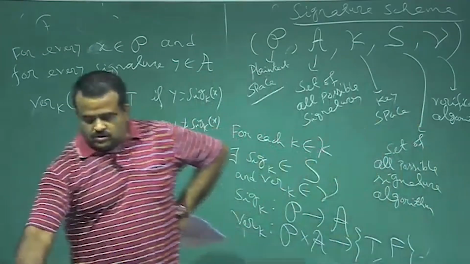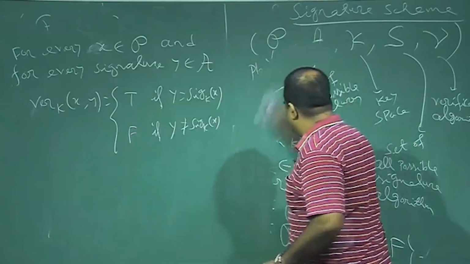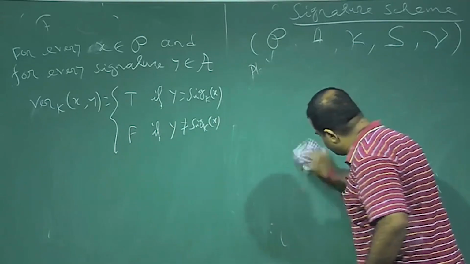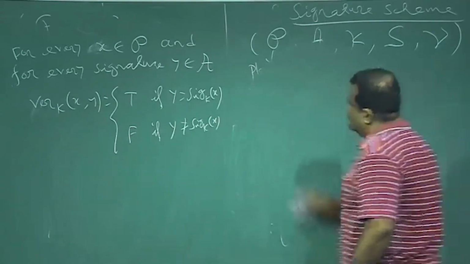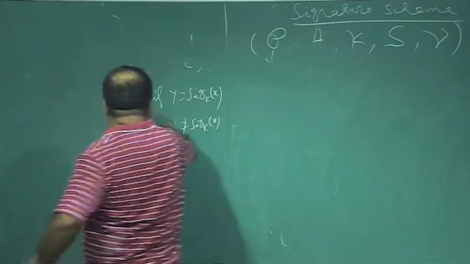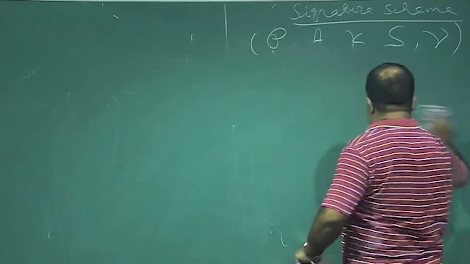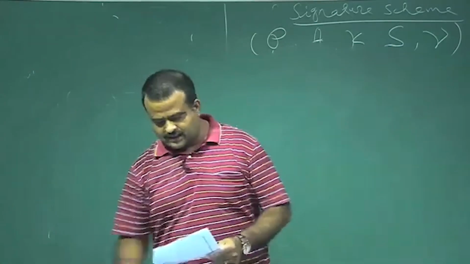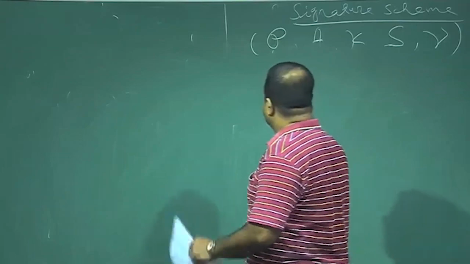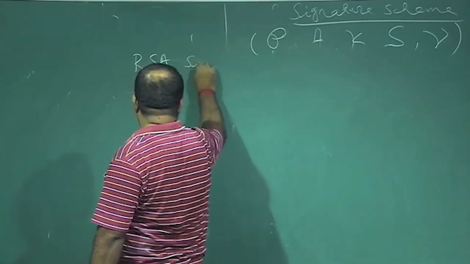Okay. So, now let us talk about the RSA signature we had discussed, based on these 5 tuples. What are they for the RSA signature scheme? So, this is the formal way we are defining the RSA signature scheme.